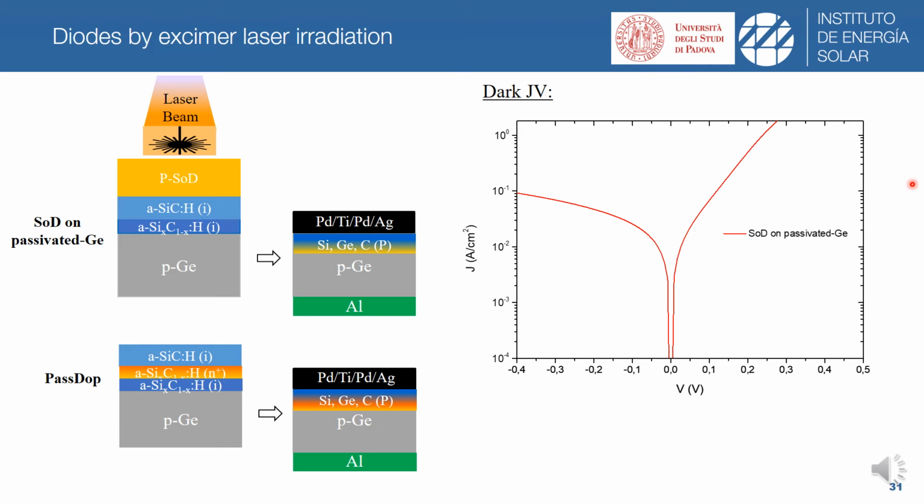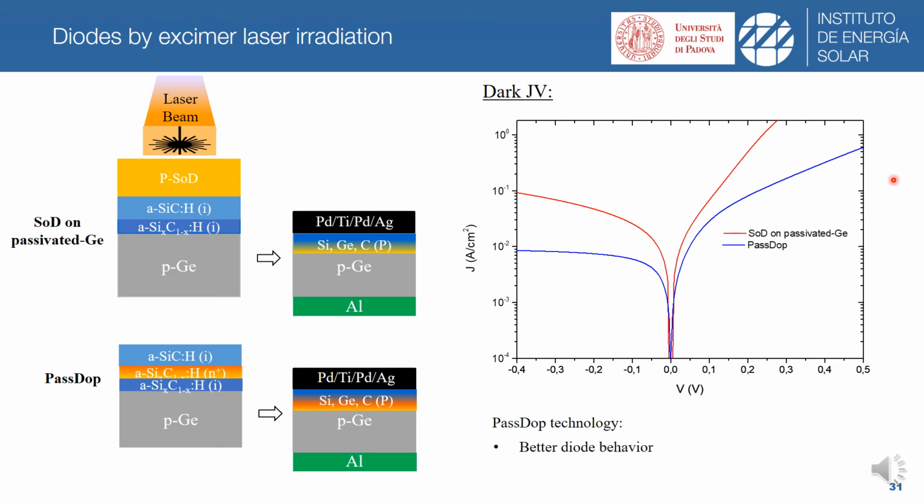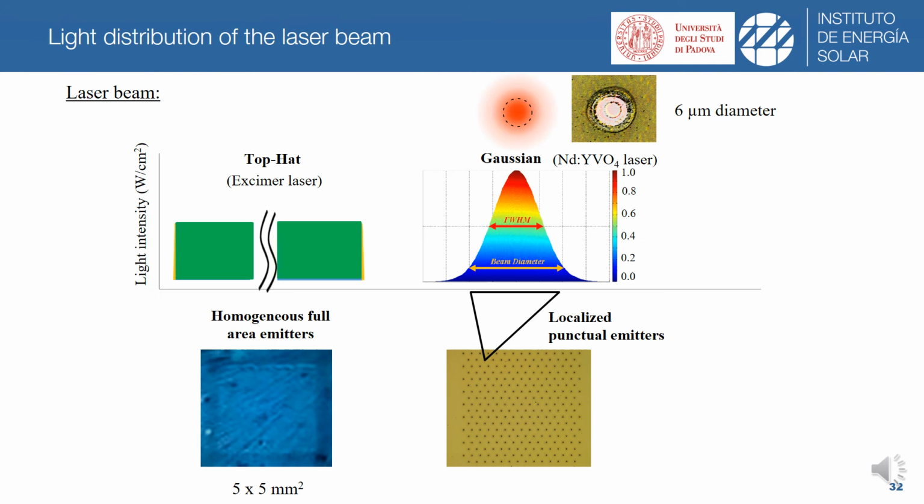And if we compare with diodes fabricated with passed-up technology, we can observe that we have already improved this technology, achieving a lower leakage current and also lower shunting and recombination in forward bias, which means that passed-up technology has led to better diode behavior and also electrically active phosphorus dose, which means that this is the best technology to dope germanium and is the one that we have used for the rest of the experiments.